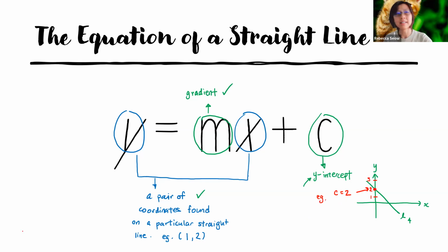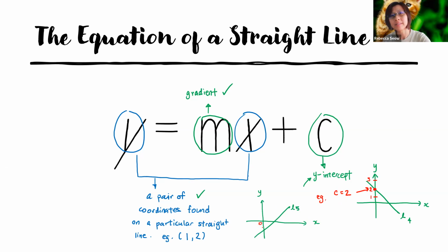All right. Let me give you another example of how to find the y-intercept of another straight line. So let's say you have another straight line like this, this would be L5, and I want to find the y-intercept.